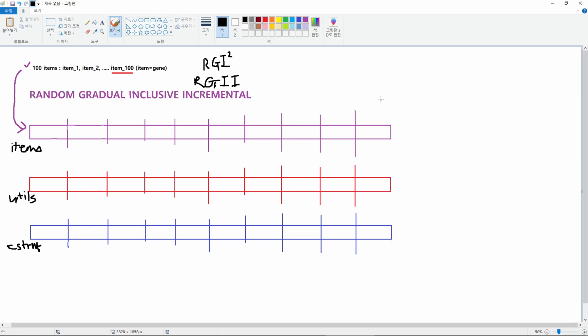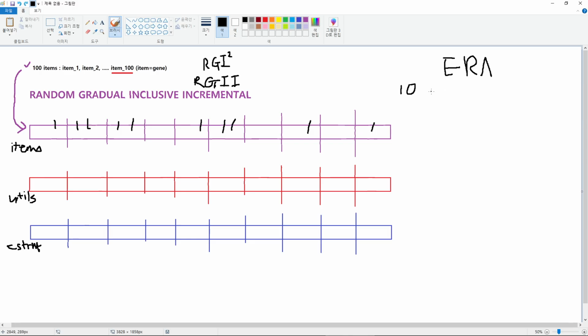I don't know. Anyway, for random, gradual, inclusive, incremental, what happens is that I pick 10 items out of all these 100 items. I pick 10 items from here, here, maybe here, maybe another one from here. I pick 10 items in the first era. So there are still 10 eras.